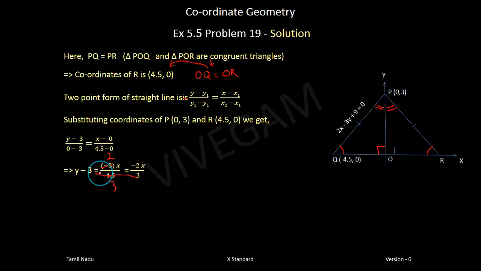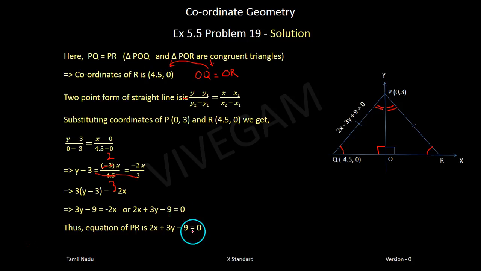So 3 into y minus 3 will be equal to minus 2x. So this will be 3y minus 9 equal to minus 2x, or 2x goes to the other side: 2x plus 3y minus 9 equal to 0. The equation of the straight line PR is 2x plus 3y minus 9 equal to 0. Okay.